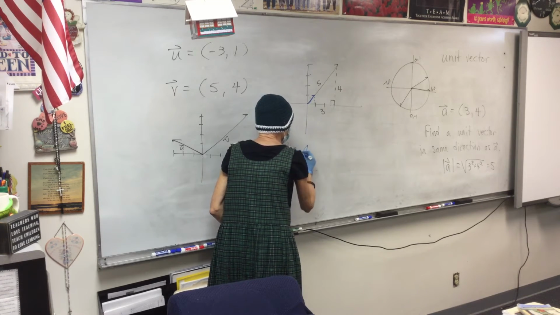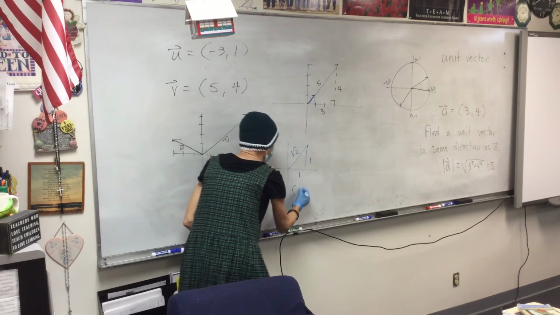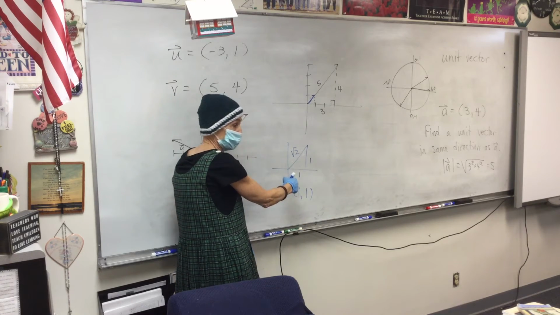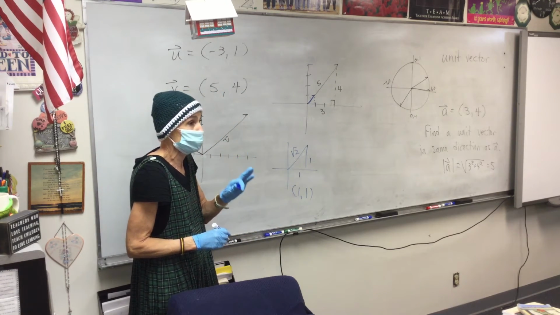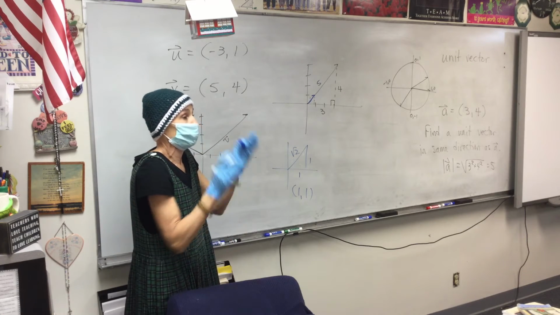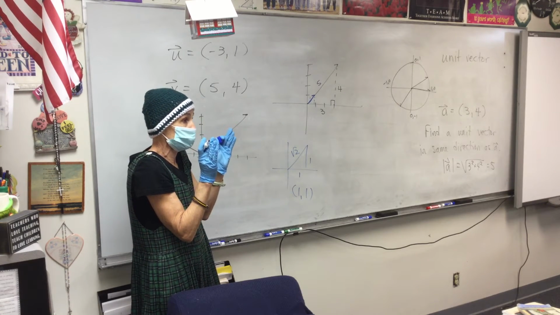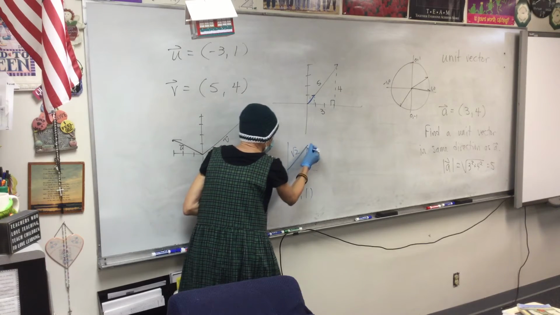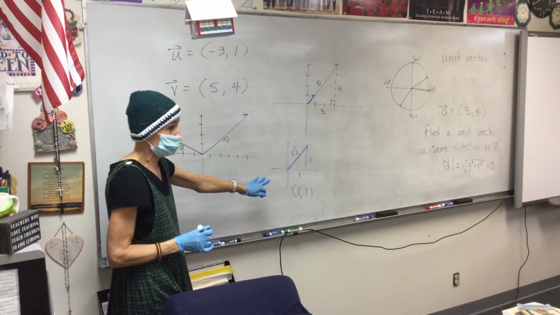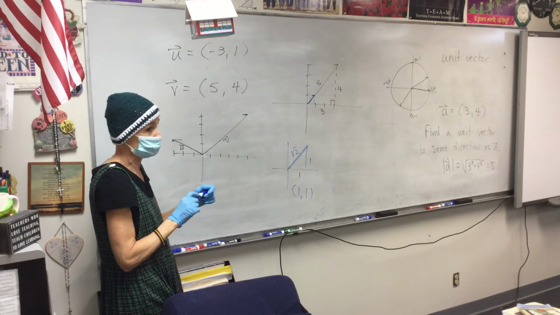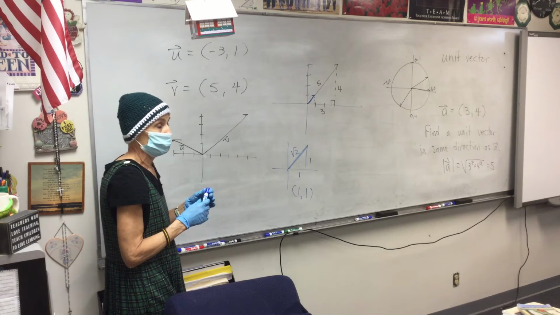Would 1, 1, which is what I just drew here, be a unit vector? Be careful. What does it mean to be a unit vector? It means your magnitude is 1. What is the magnitude of this vector? Square root of 2. So that is not a unit vector. It's a good guess, but that is not a unit vector.